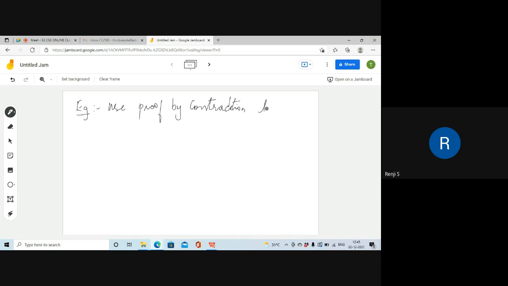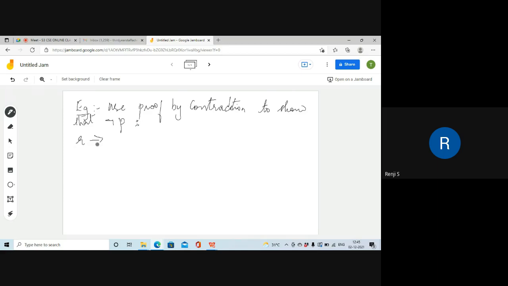To show that not P logically follows from the premises. And below that, you put a colon and then write the premises.